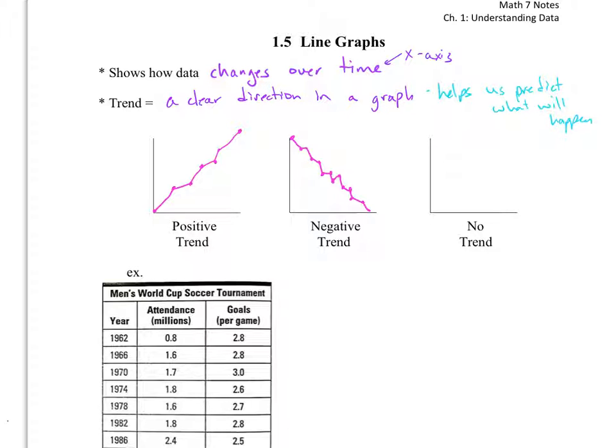And last we have a no trend, and that could be more random data, but as time goes on, it might do something like this. You would say there's really not a positive or negative trend in that. It doesn't have to be completely squiggly. You could have a big up and then a big down, or it could be almost flat across.